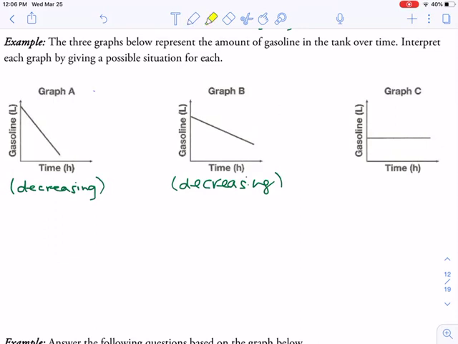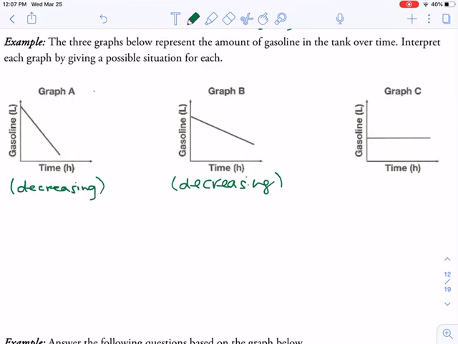Now, if you take a look again at the same 2 graphs, A and B, we can see that even though they're both decreasing, graph A is going down at a faster rate. It's a much steeper line. So that means that the rate is quicker. Whatever's happening is happening faster because we got down to the same level much more quickly.